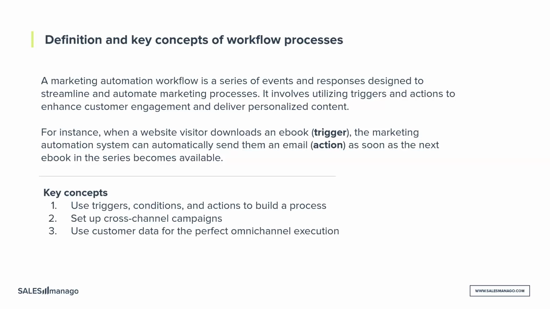At some point, you can start developing the process and adding different channels so they can work together rather than existing next to each other. And the third concept, use customer data for perfect omnichannel execution, which means use this fuel you already have, you are already gathering, to make the processes even better.